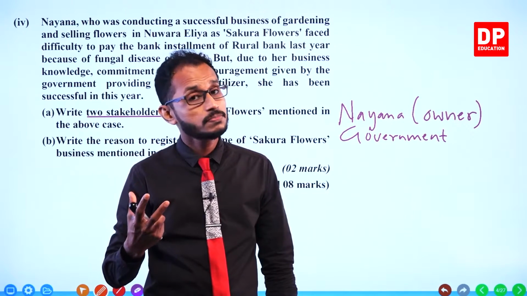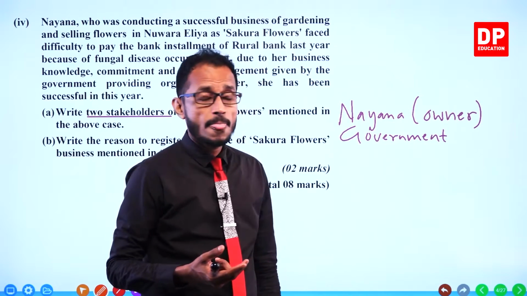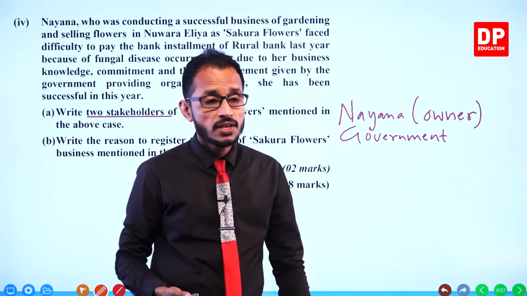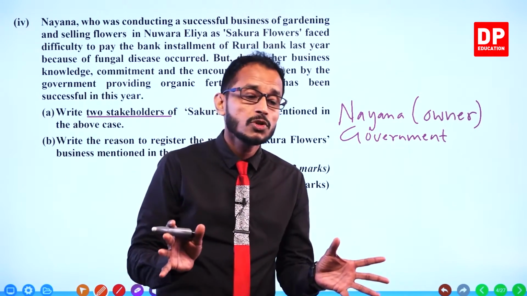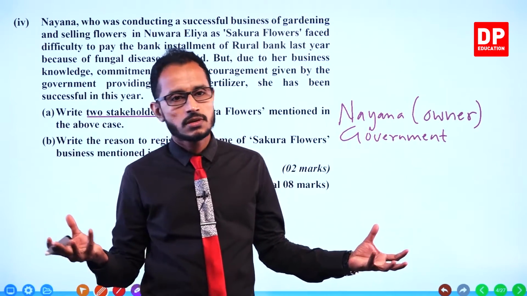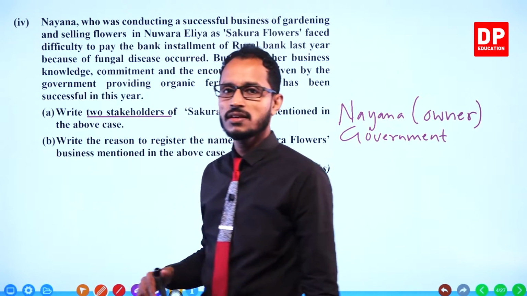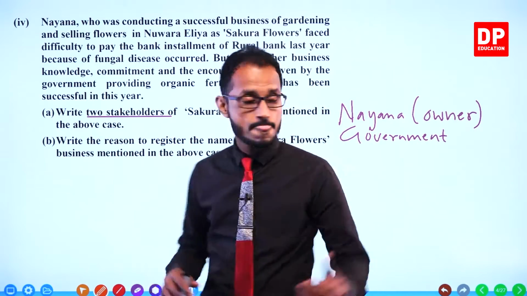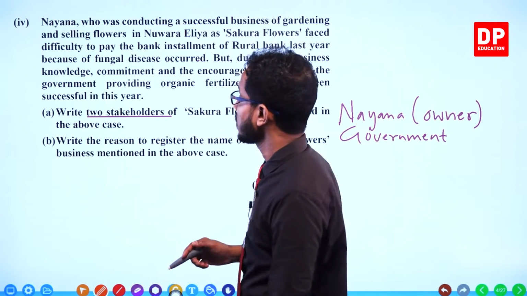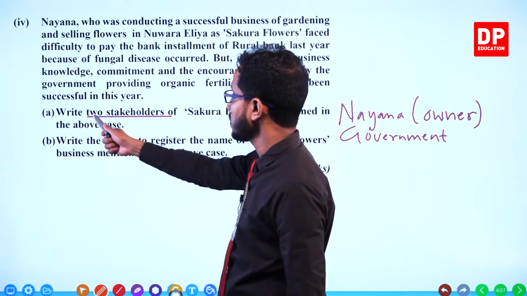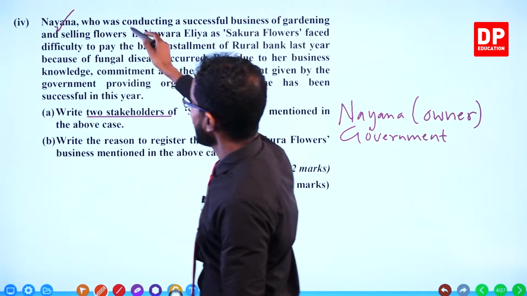One of the main reasons is encouraging and developing the businesses, encouraging the people to start new businesses and collecting taxes from the businesses. Those are a few of the main reasons for the government as a stakeholder. So the two stakeholders are Nayana and the government.